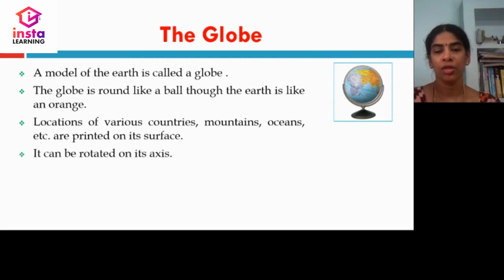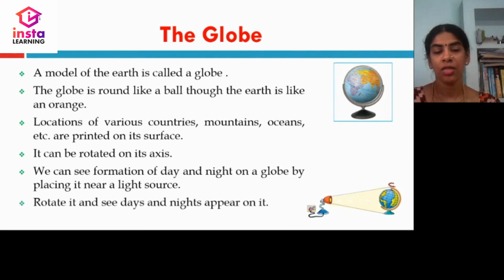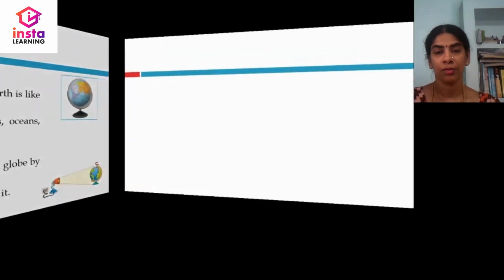It can be rotated on its axis. We can see the formation of day and night on a globe by placing it near a light source. Rotate it and see days and nights appear on it.